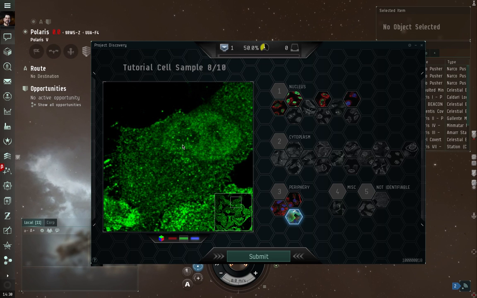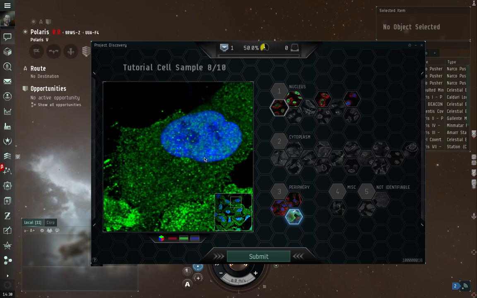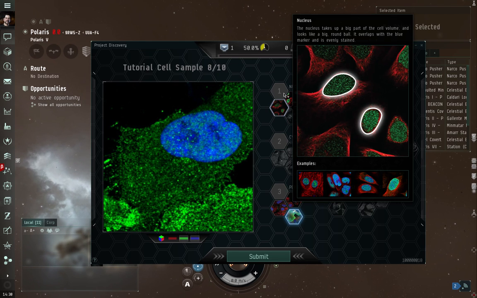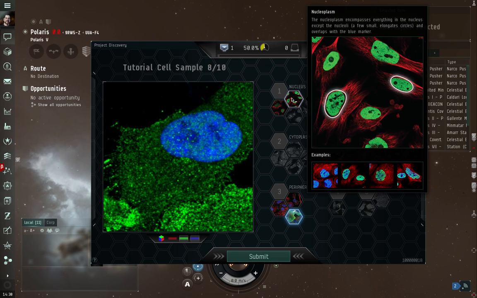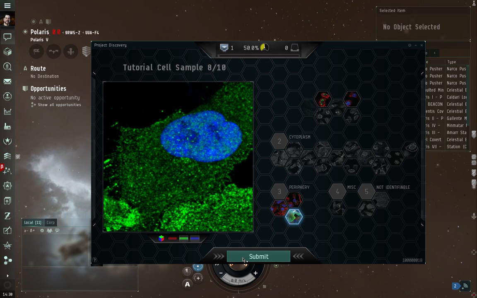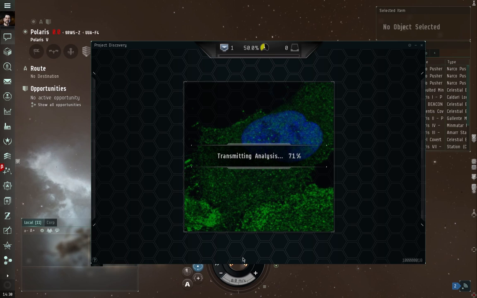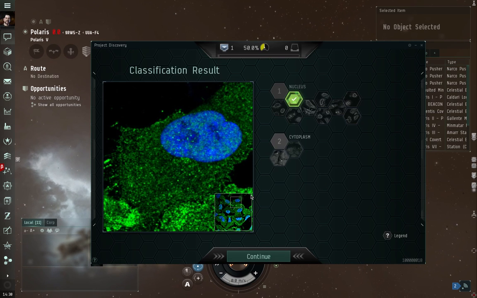I can clearly see the outline of the nucleus without the blue channel on, meaning that I should probably mark something about the nucleus. So I'm going to choose nucleoplasm. I might be wrong. Oh, got it.